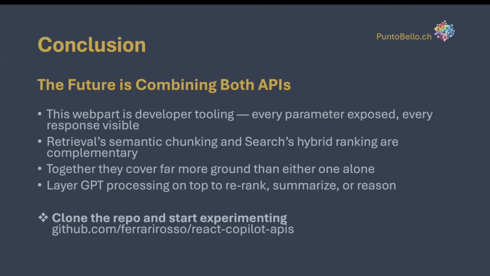Maybe we should add some GPT processing on top to re-rank, translate, or summarize, or do some reasoning around the results which we gather. But we have all the tooling with SPFx and Azure to do that. That's all. Thank you very much.